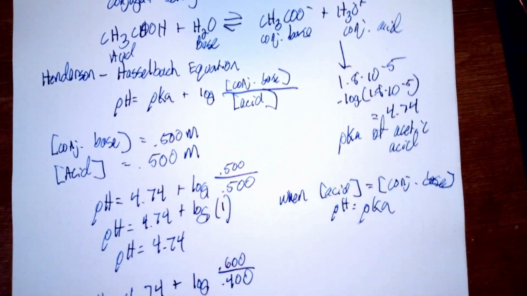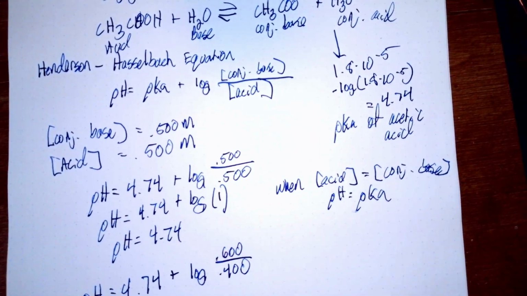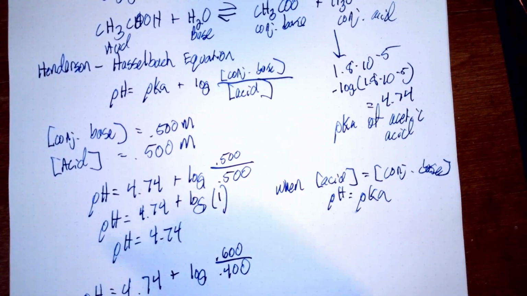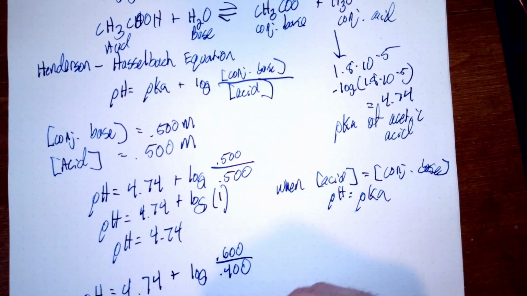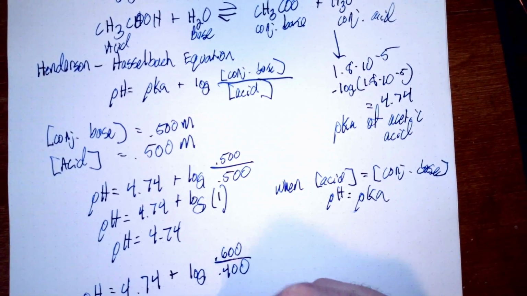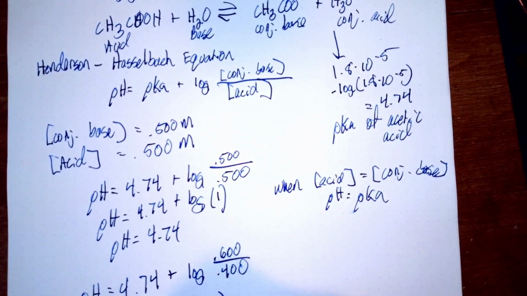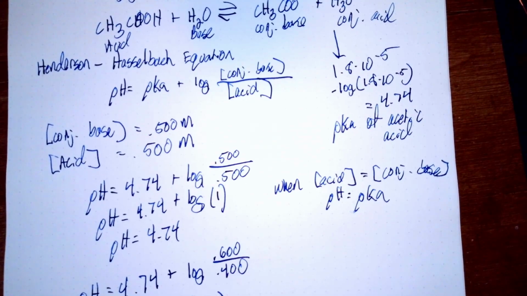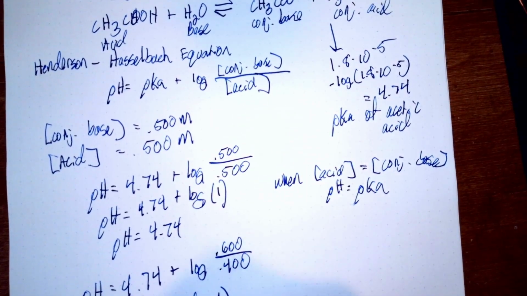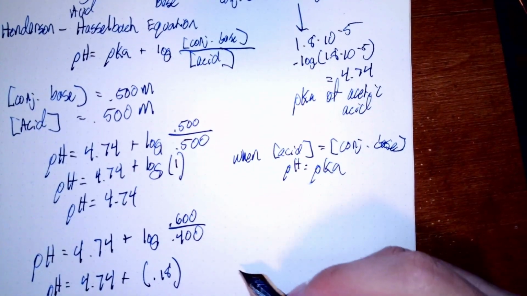So we have more base than acid. Let's pause for a second and think about what we would expect here. We have more base than acid. We would expect this to be more basic. Okay? Take the log of 0.6 over 0.4. We get pH is equal to 4.74 plus 0.18, which gives us a pH of 4.91, which of course makes perfect sense.